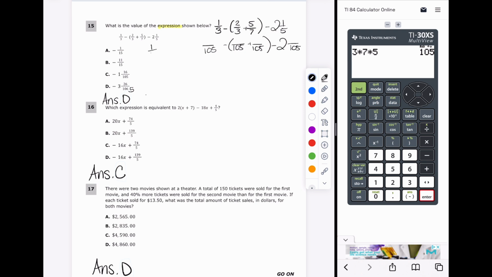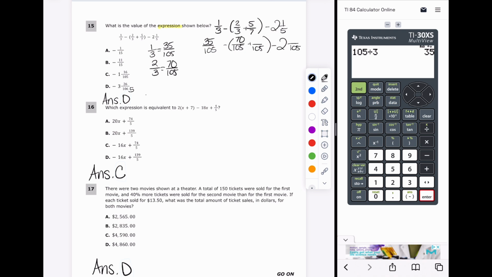So the first one I had was 1/3. 105 divided by 3, I would be multiplying by 35. So the first one is 35 out of 105. Then my second fraction was 2/3. That's twice as many, so I have 70 out of 105.